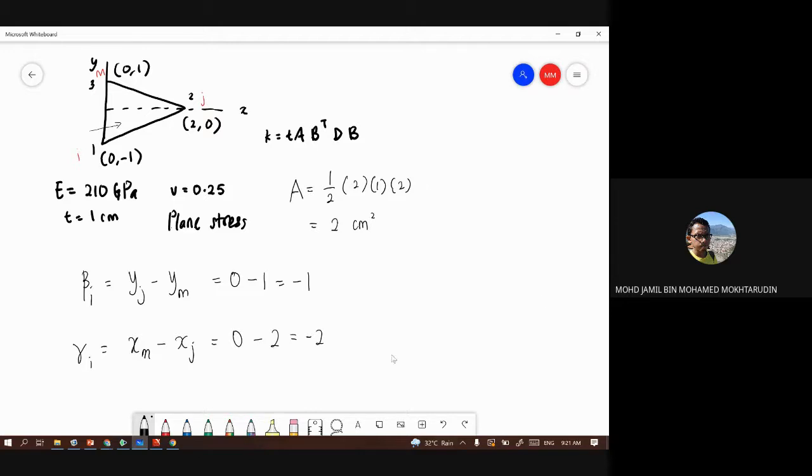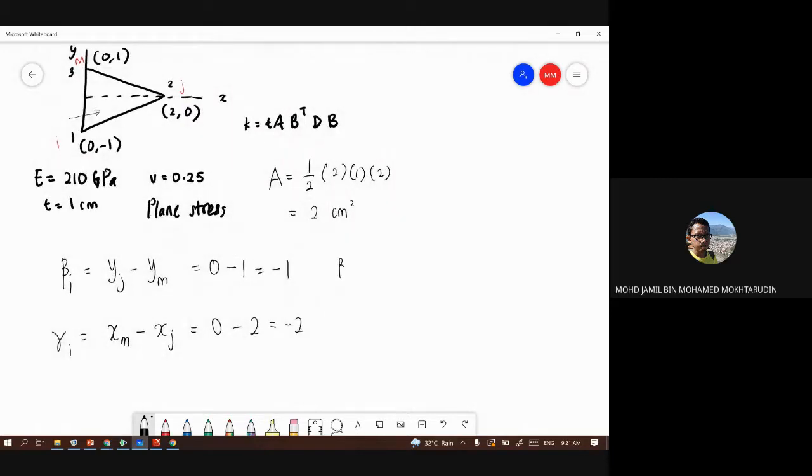Okay, so you just repeat the process. Then we calculate beta j. Beta j is ym minus yi, and gamma j equals xi minus xm. So beta j equals ym, which is 1, minus yi, which is minus 1, so you get 2. Xi is 0, xm is 0, so you get 0.